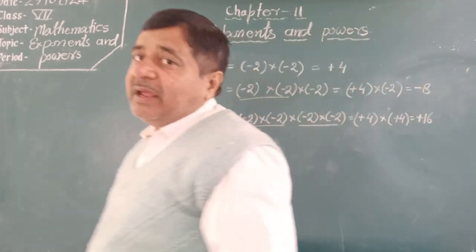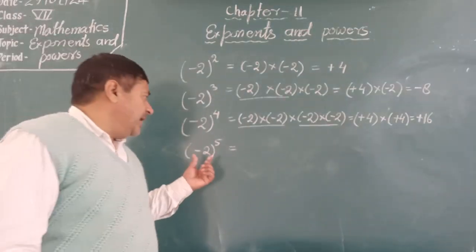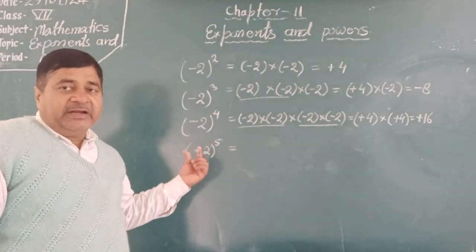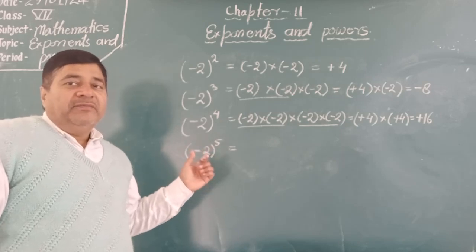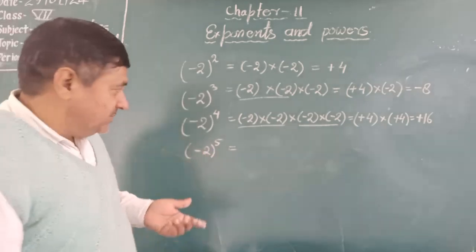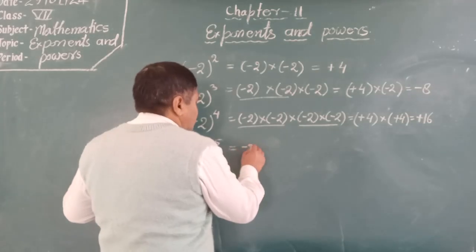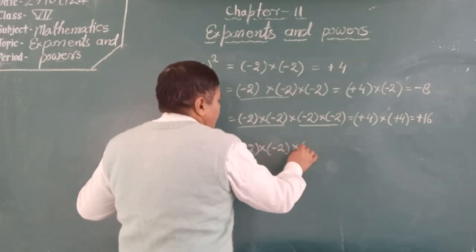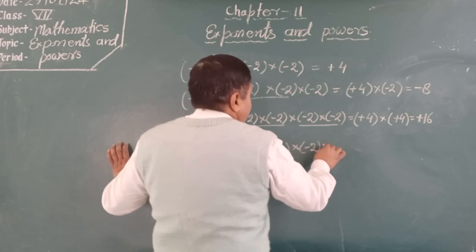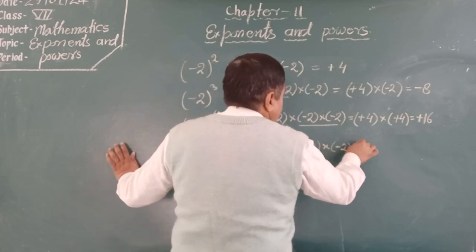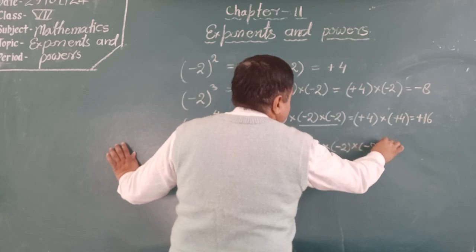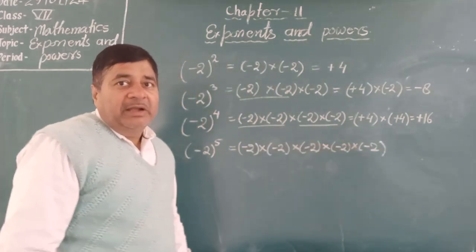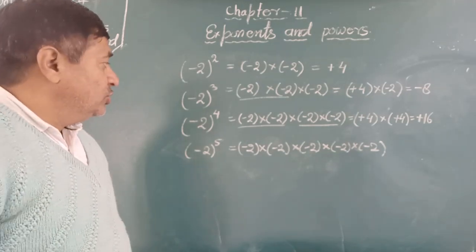Similarly, we multiply minus 2 to the power 5. That means minus 2 multiplied 5 times: minus 2 into minus 2 into minus 2 into minus 2 into minus 2. Here 5 times multiplication of minus 2.